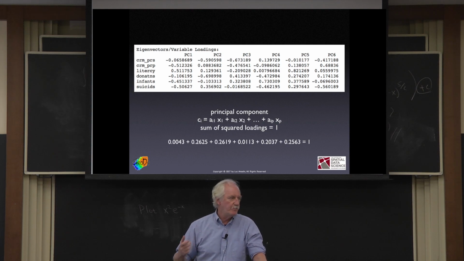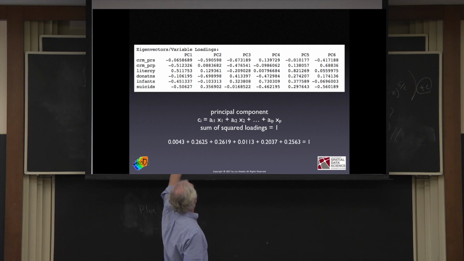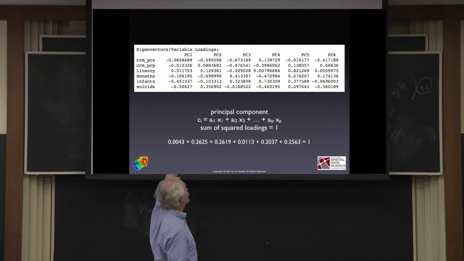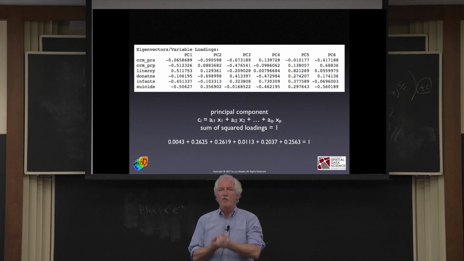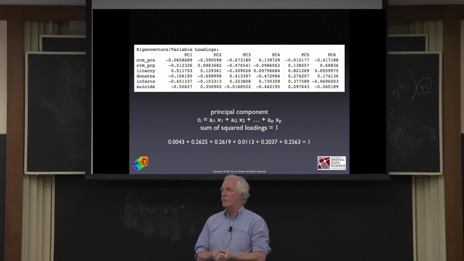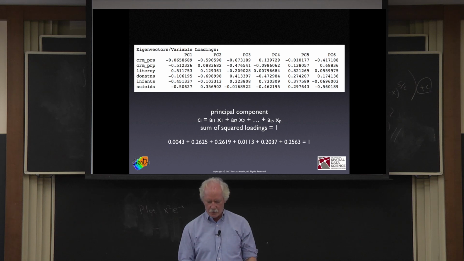So if you multiply the first variable by this coefficient, and then the second variable by the second coefficient, and add it all up, that gives you a new number which corresponds to your new variable, your first principal component. That's how it works.